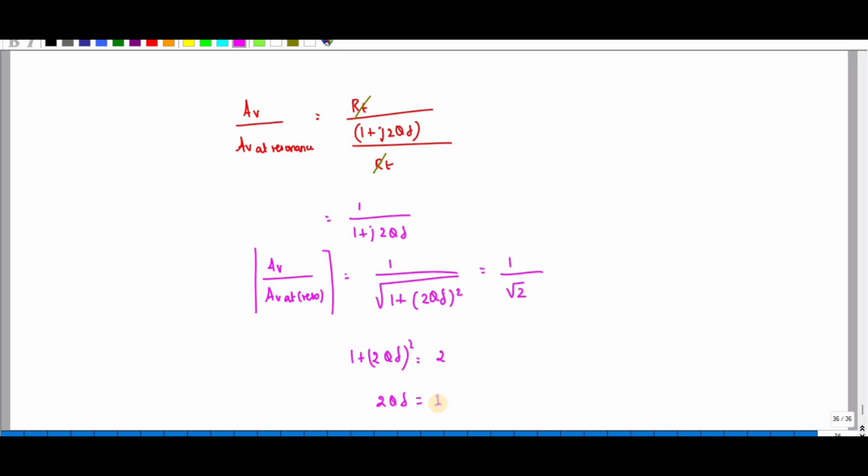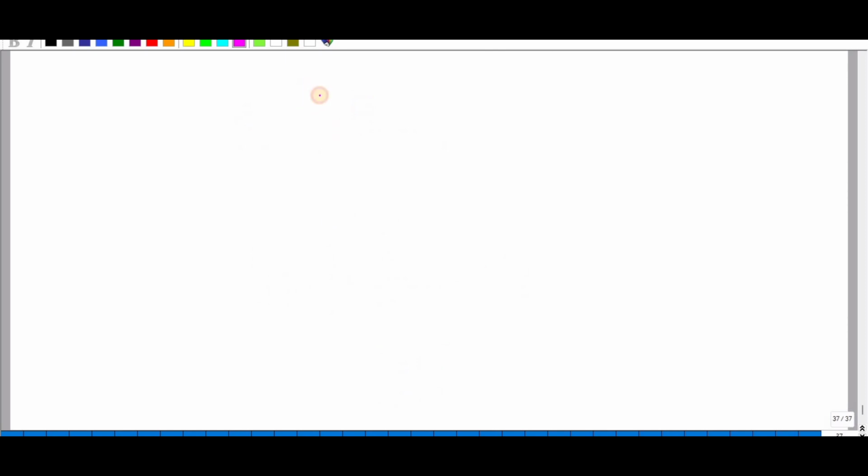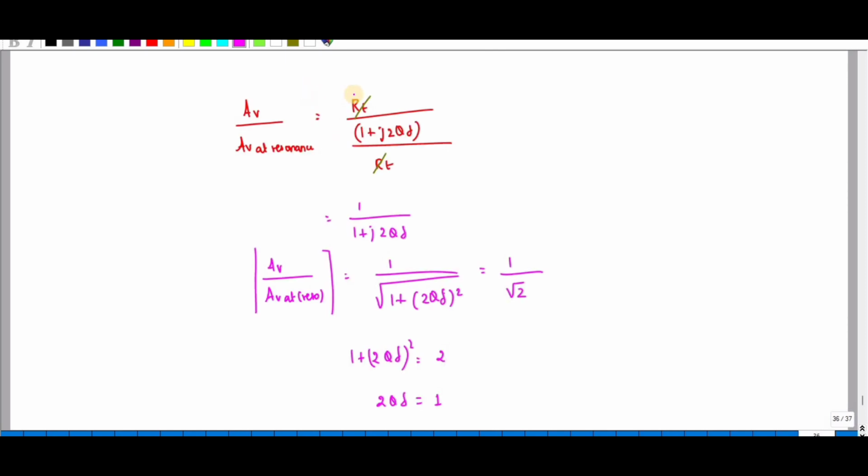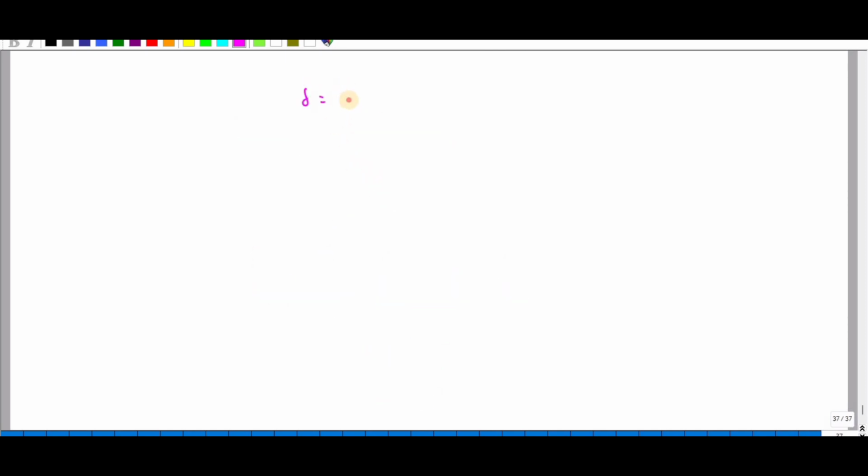So what is my del value? Del value is nothing but 1 divided by 2Q. So we know that what is del? Del is nothing but omega minus omega r divided by omega r. So what is del omega?